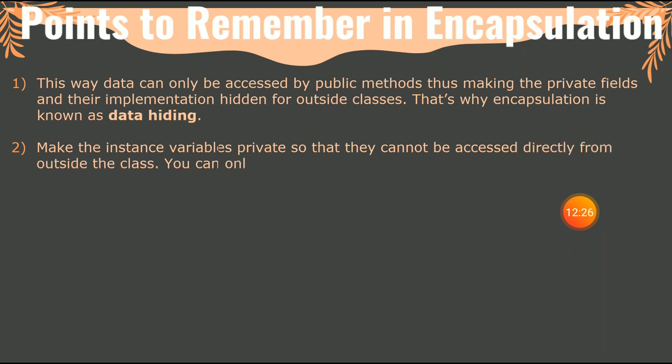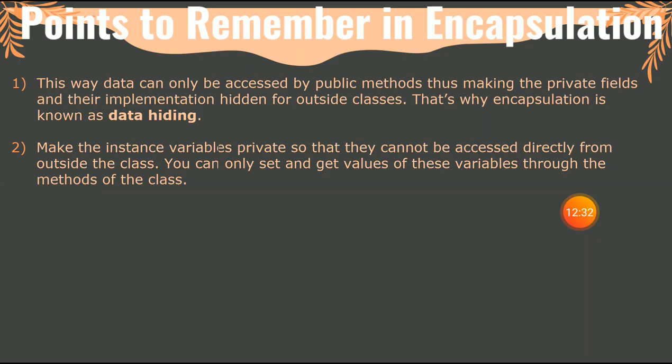Make the instance variable private. Instance variables are those variables declared just after the class. We have to make them private whenever we want to encapsulate or hide them, so that they cannot be accessed directly from outside the class. You can only set and get the values of these variables through the methods of the class, that is the get method or set method.